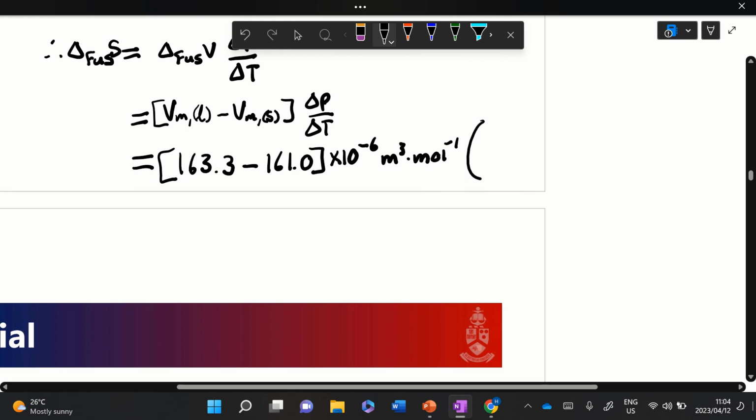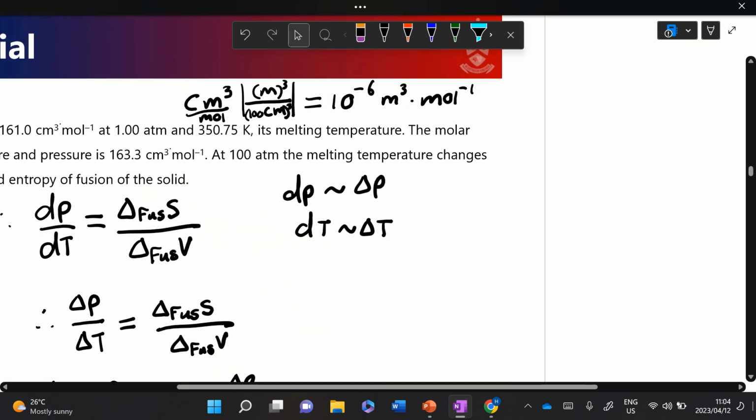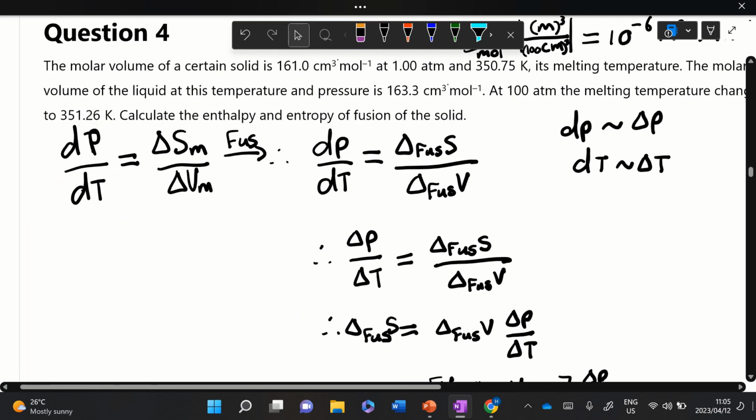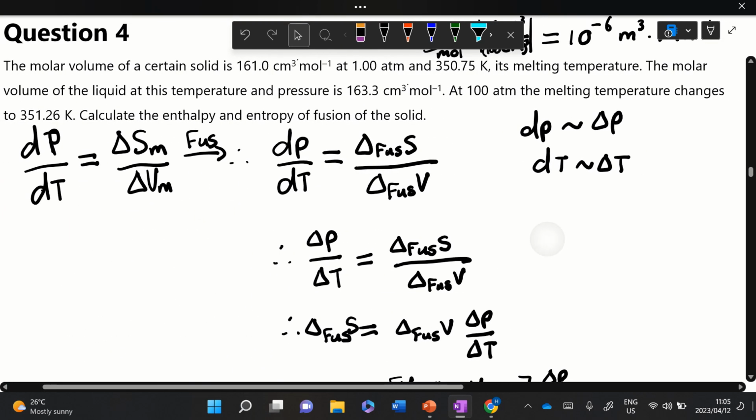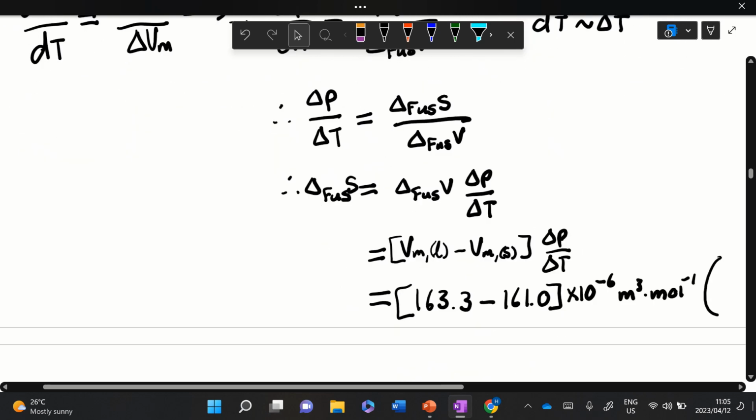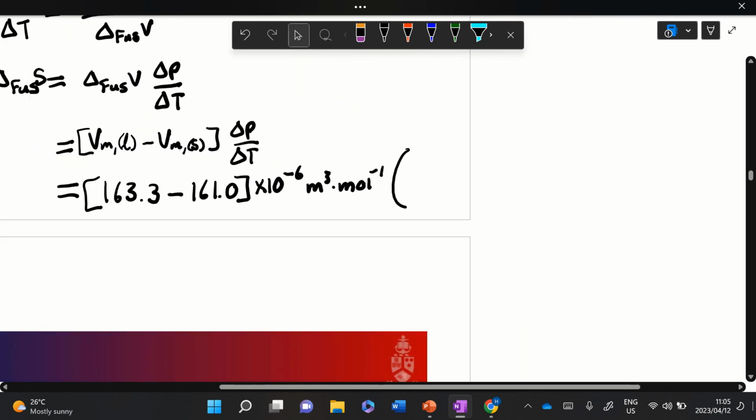Then this is times delta P. Let's take our first one as the one corresponding to 100 atmosphere. So 100 atmosphere corresponds to 351.26 Kelvin.